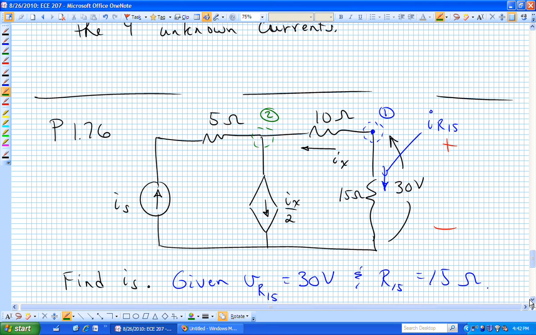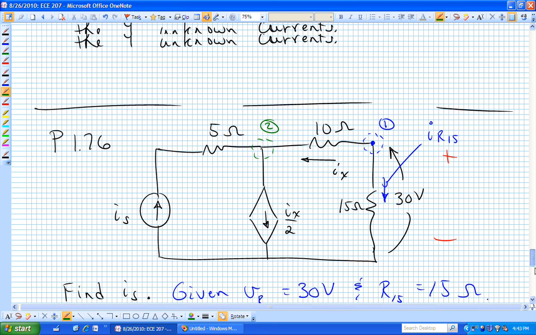And so you could say, minus V sub R15 is equal to 15 times I sub R15. Or you have I sub R15 is minus 30 over 15, or it's minus 2. Is that making any sense?